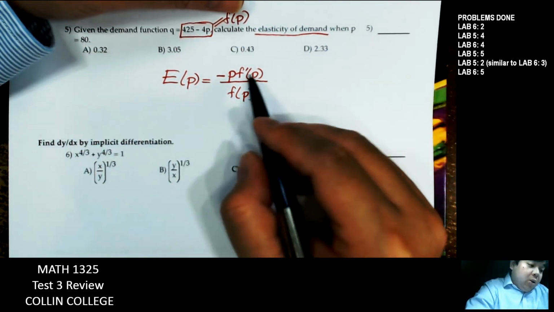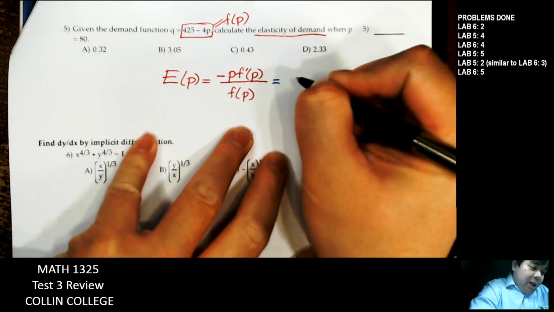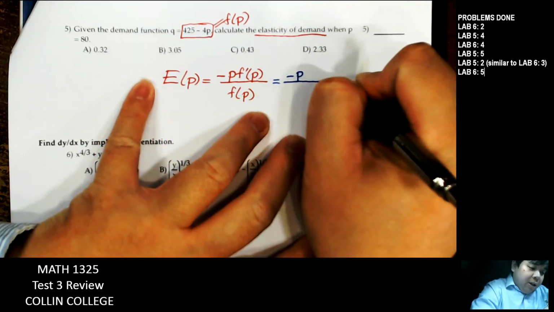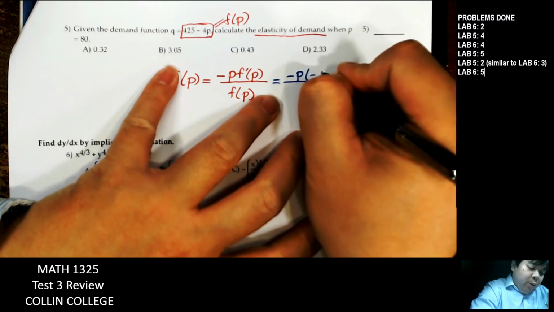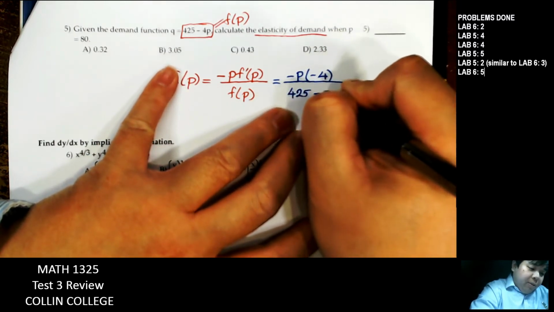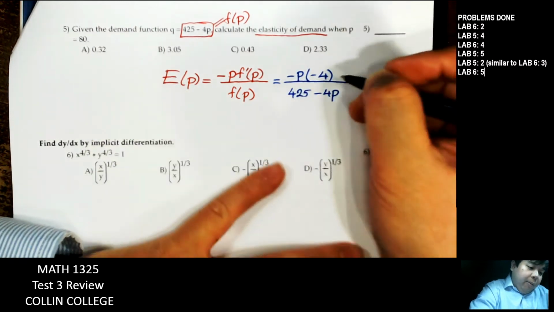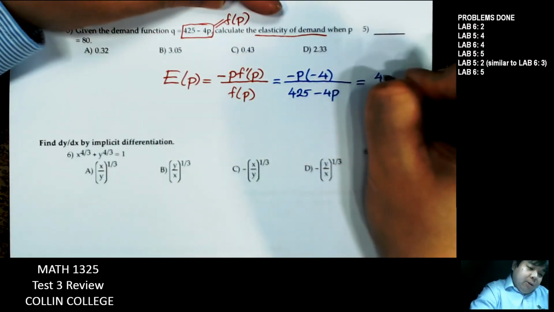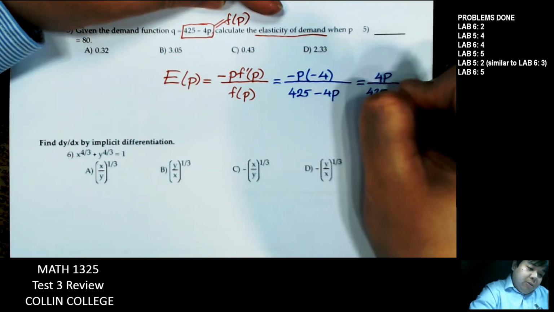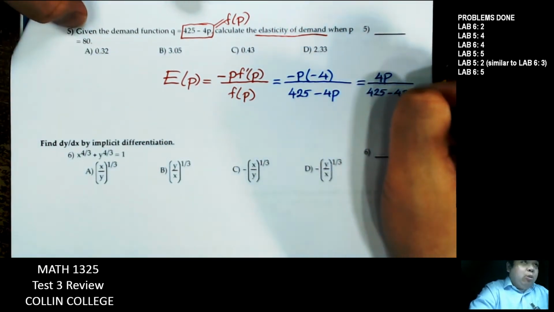So on this one, negative p, where p is the price, times the derivative, negative 4, over the function.